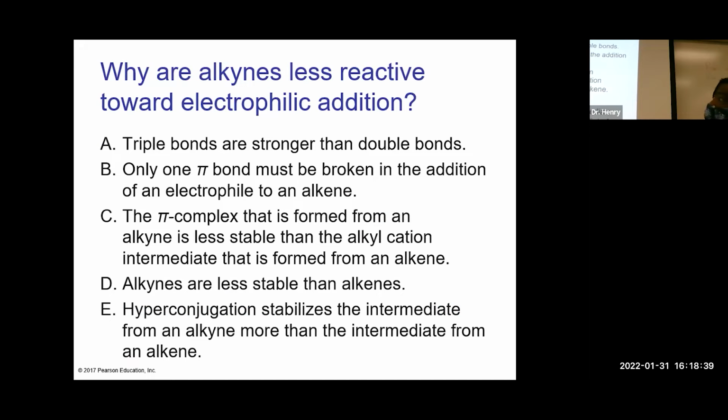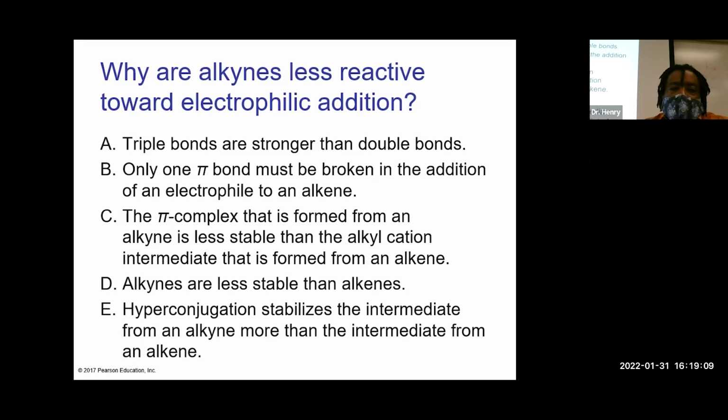Okay, so question is, why are alkynes less reactive towards electrophilic reactions? A, triple bonds are stronger than double bonds. B, only a pi bond must be broken in the addition of an electrophile to an alkene.